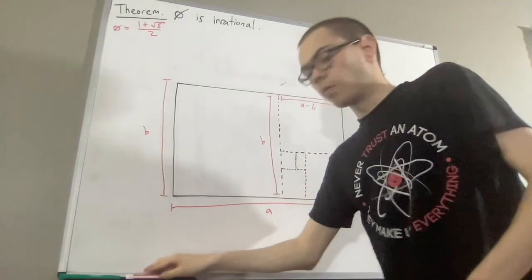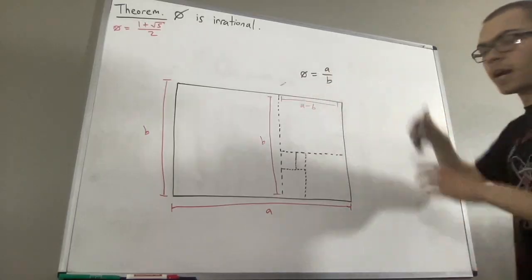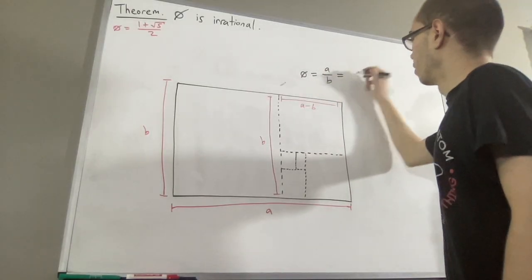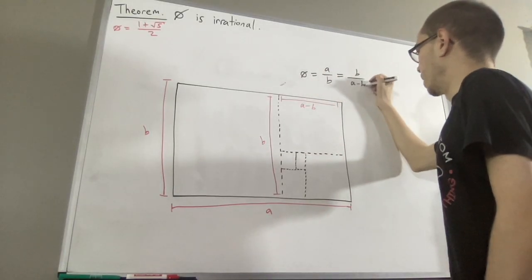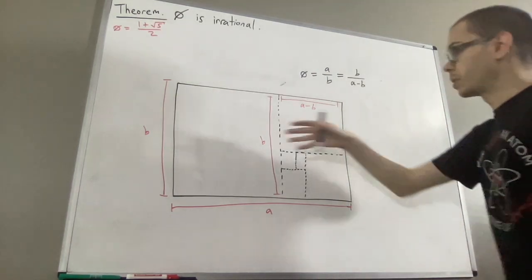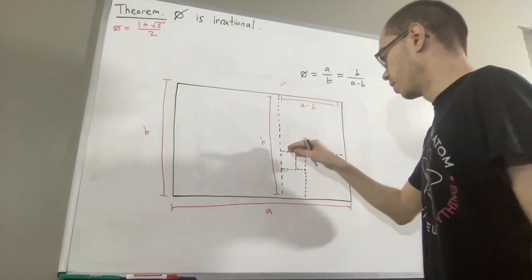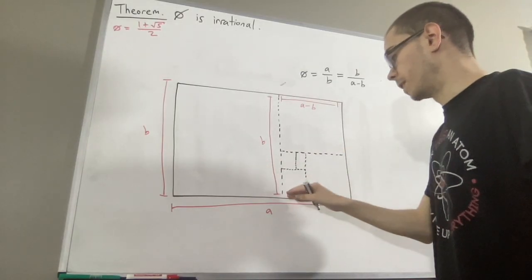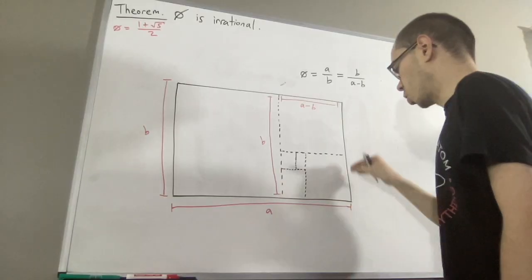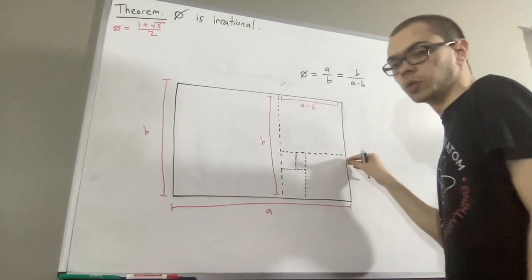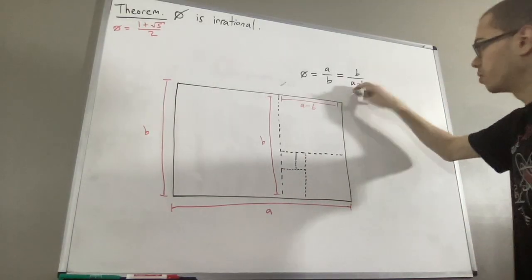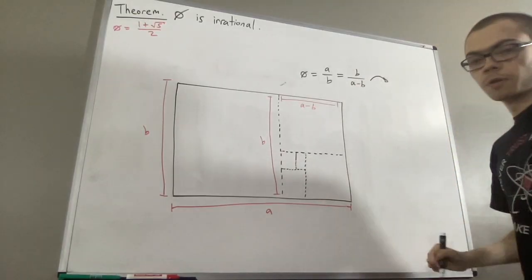So what that's telling us is that we can reduce this fraction to b over a minus b. But then continuing, we have this smaller rectangle. It is still true that the ratio of the longest side length to the shortest side length is equal to the golden ratio, which means we could reduce this fraction even further.